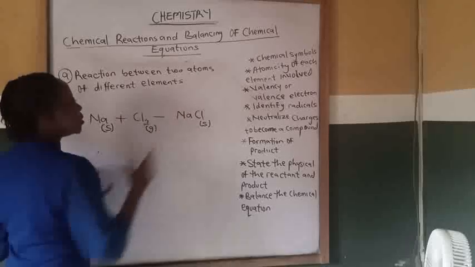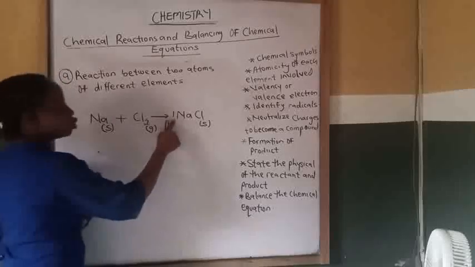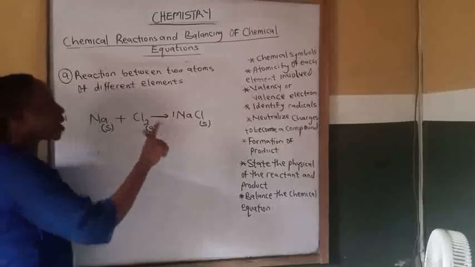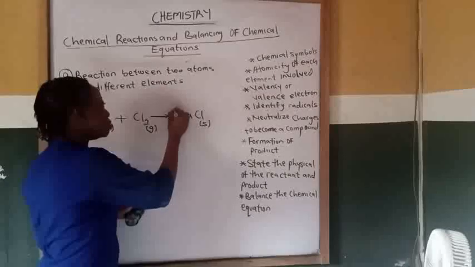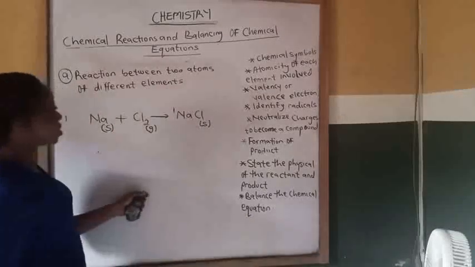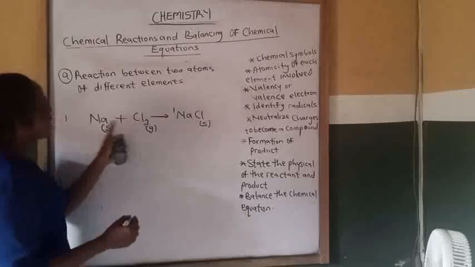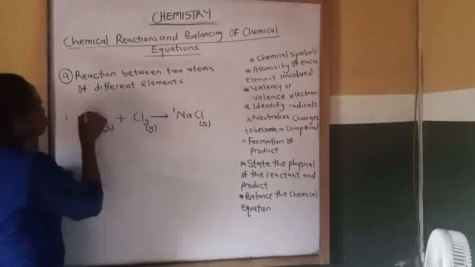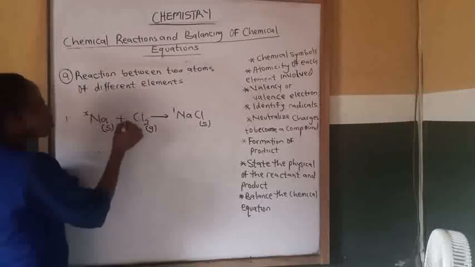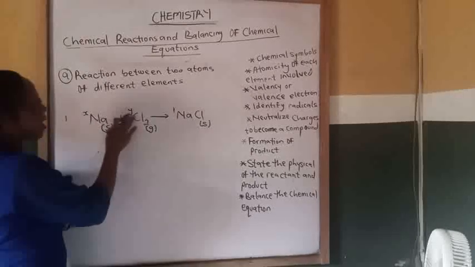So assign the coefficient of 1 to the particle with the highest number of atoms, and raise that one up because it is not part of the compound. Now, for the other particles, assign an unknown value. Let me assign x here, then y here. So we need to look for the value of x and y.